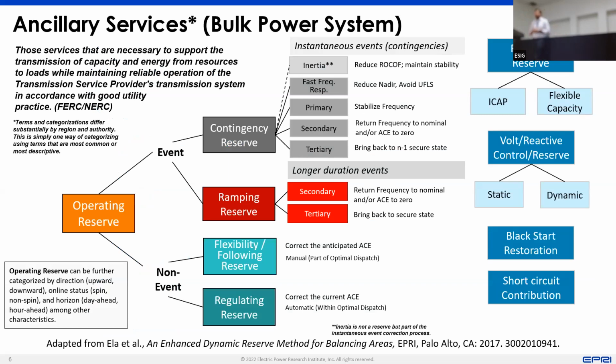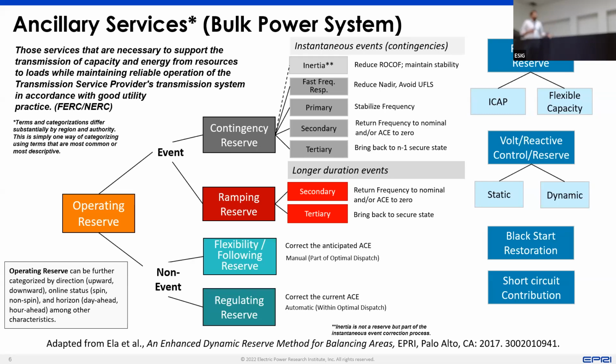Ancillary services. This is a busy chart, and the terminology differs no matter where you go. We don't have time to get into each of the different components. What I wanted to show is operating reserve.